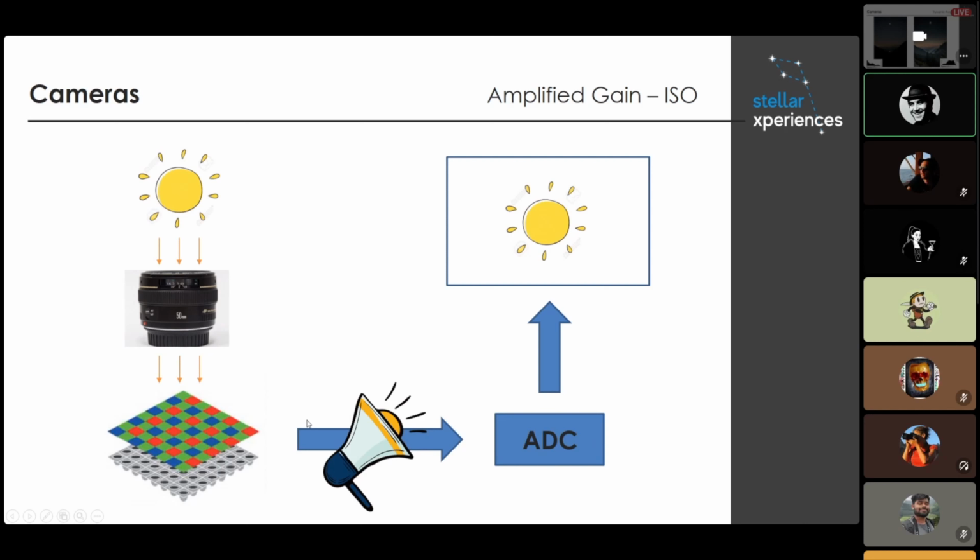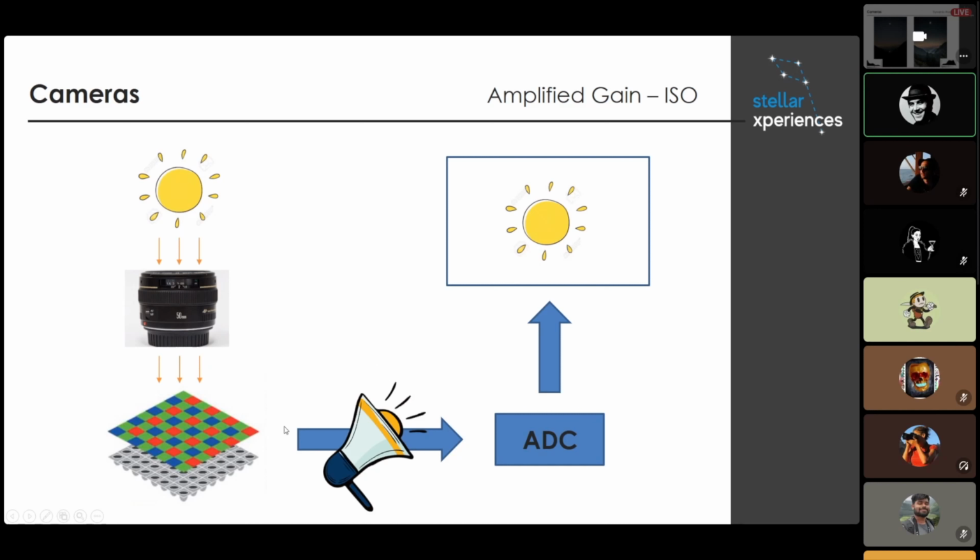So what you're doing is, just before the ADC, you amplify your data by 2 electronically. So what you're doing when you're increasing your ISO is amplifying your light signal.